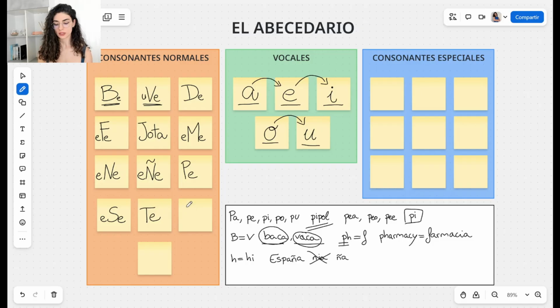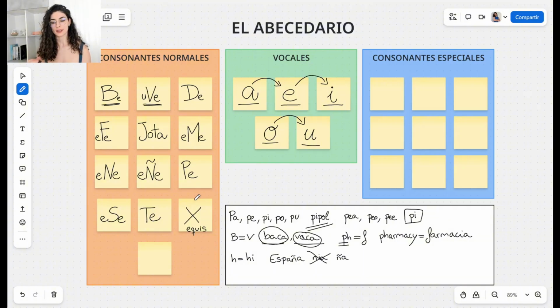Then we have letter X, which has the same use as in English. This is called equis. So this letter normally is always in the middle of words, pronounced like a CS.